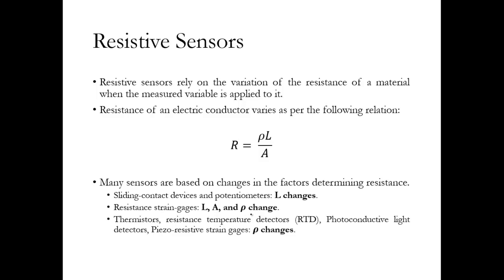You have another class called thermistors or RTDs, that is resistance temperature detectors. You have photoconductive light detectors, popularly called LDRs, and you have piezo-resistive strain gauges, where rho actually changes, and accordingly the resistance changes. That change in resistance can be correlated or calibrated to the amount of the parameter that is to be measured.